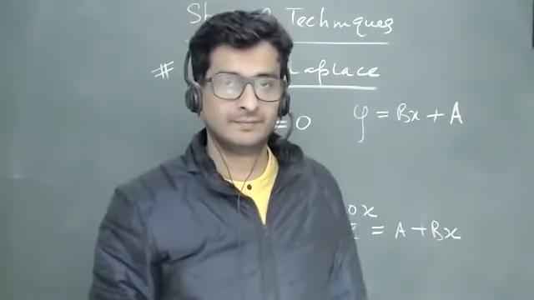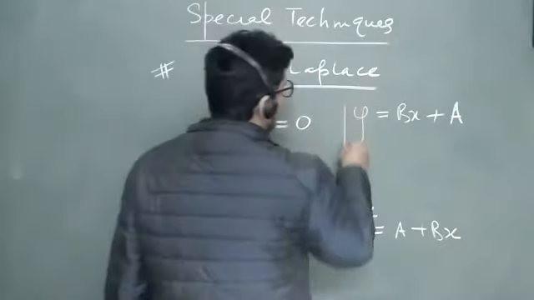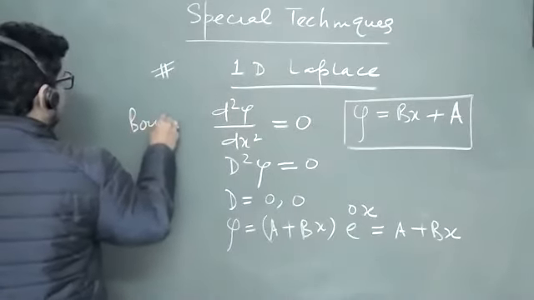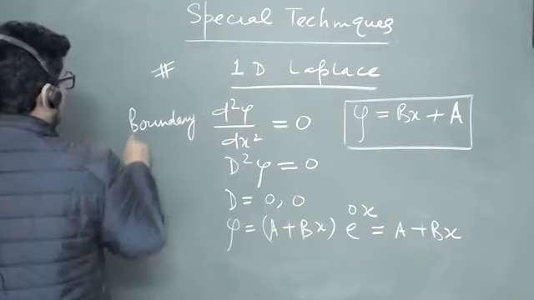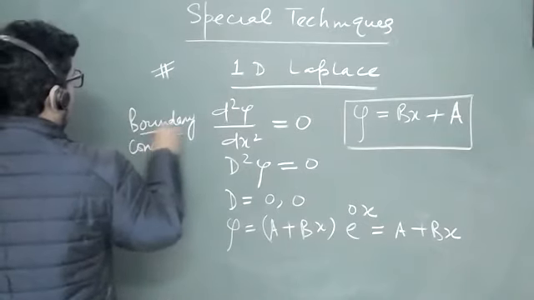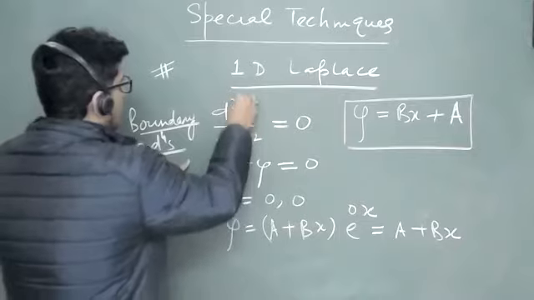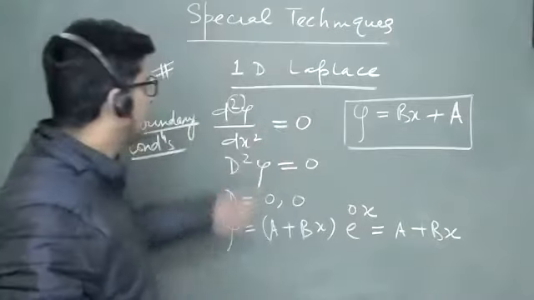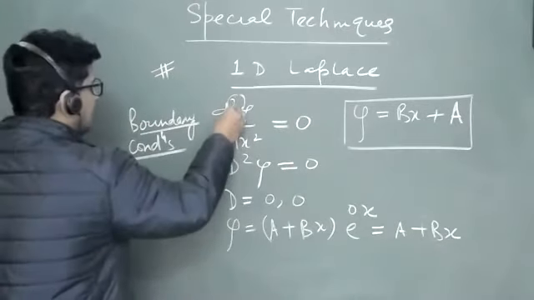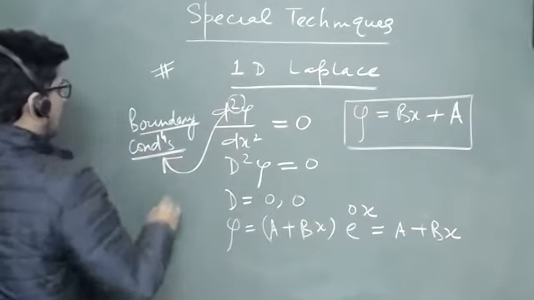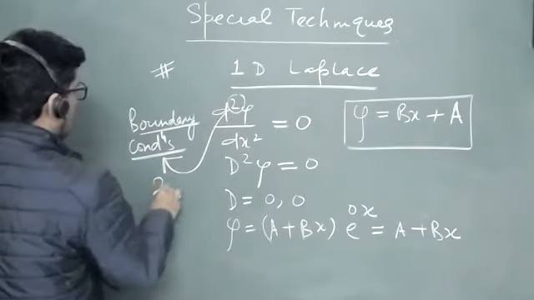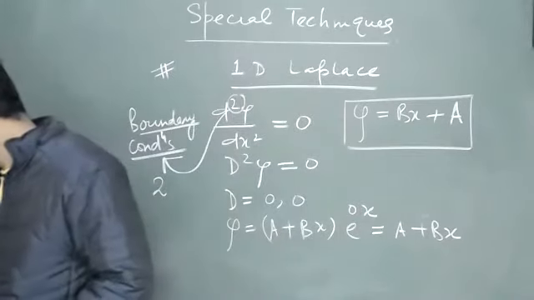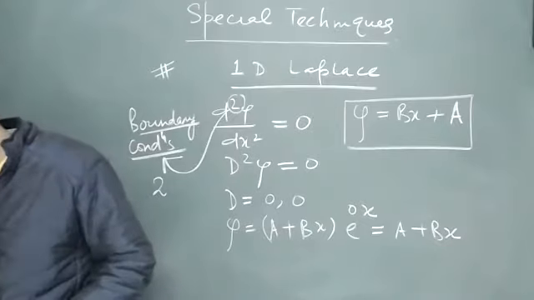Now if boundary conditions are given, how many boundary conditions? Two. Why two? I have told you, it is a second order ordinary differential equation, so boundary conditions will be equal to 2. So how many boundary conditions are required? Two.